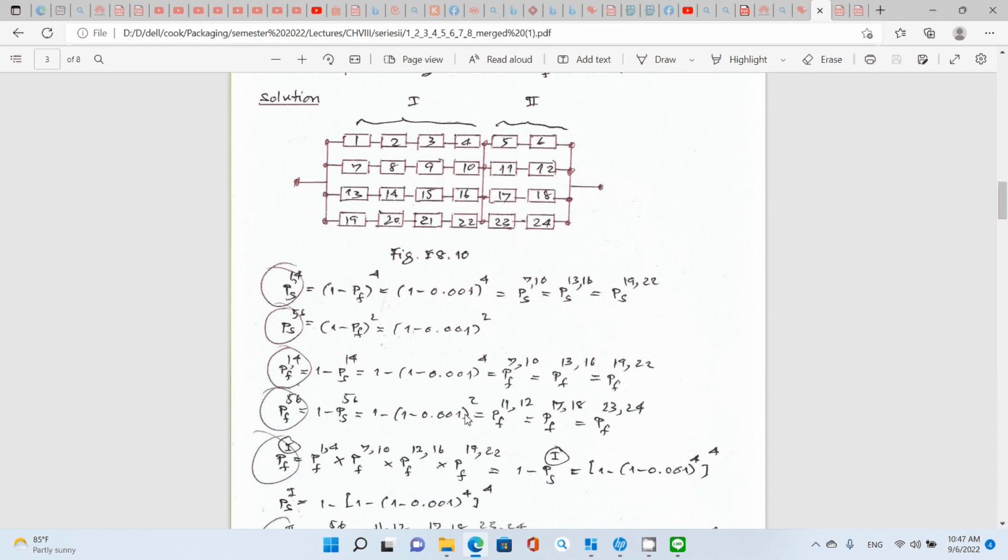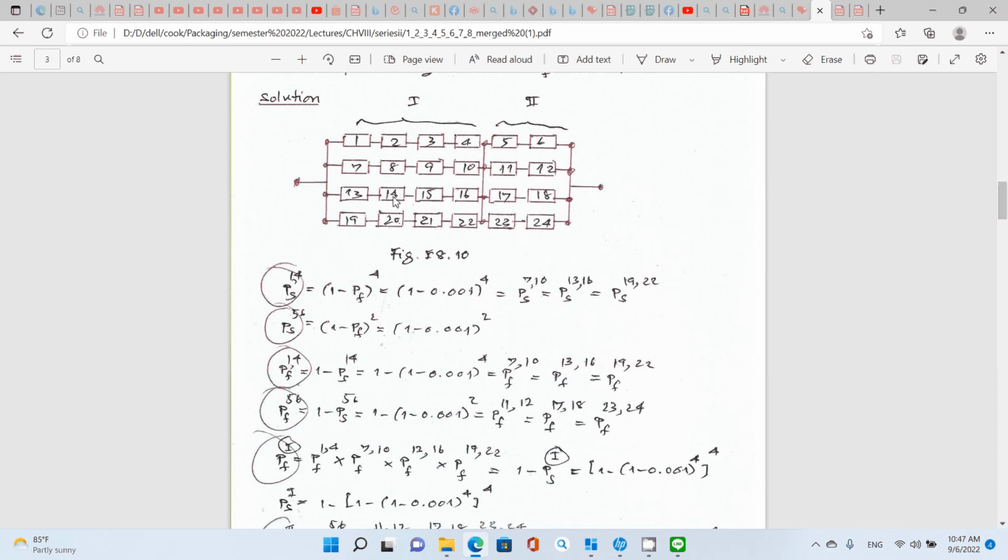There are two components in series, so you have the power of 2. This PF of 5 and 6 is equal to PF of 11, 12, PF of 17, 18, and PF of 23, 24. Be ready to do the calculation in parallel.